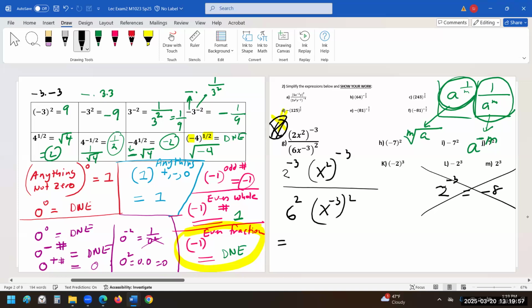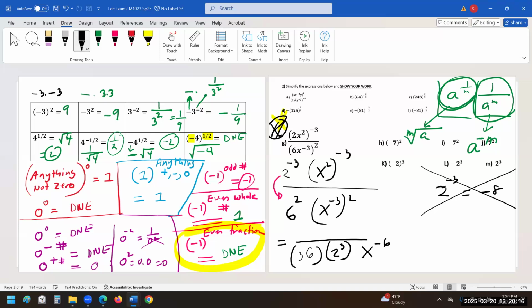So don't do anything until you make your negative into positive. So bring this negative to the denominator. So you already have your 36. And now you have 2 to the 3, x to the negative 6, x to the negative 6.